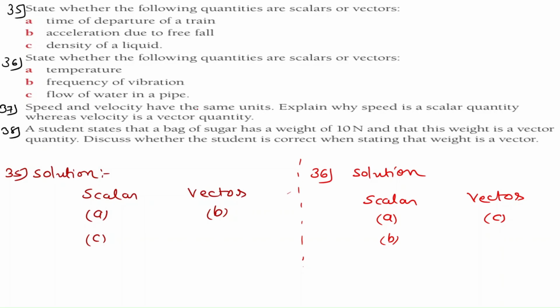Speed and velocity have the same units. We all know the SI unit of speed and velocity is meter per second. But explain why speed is a scalar quantity whereas velocity is a vector quantity. They say speed and velocity have the same units, so why is speed a scalar and velocity a vector quantity?